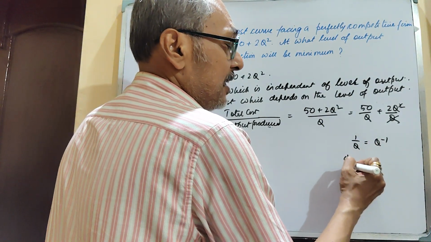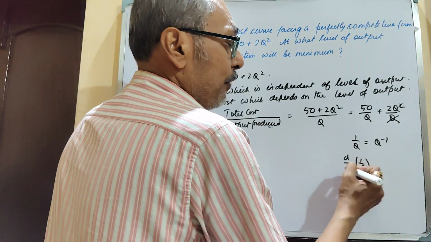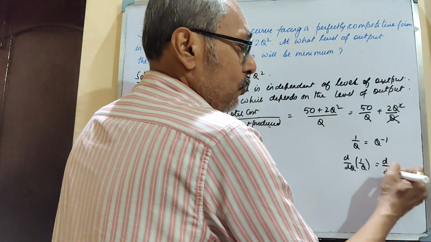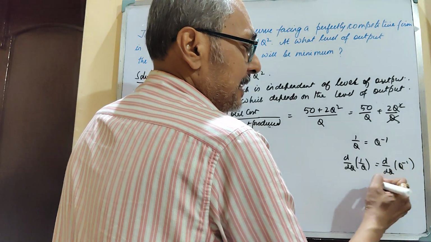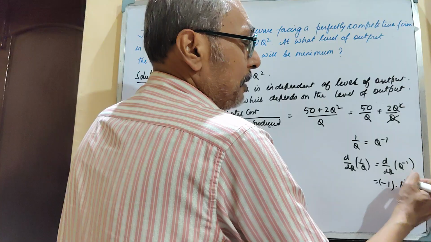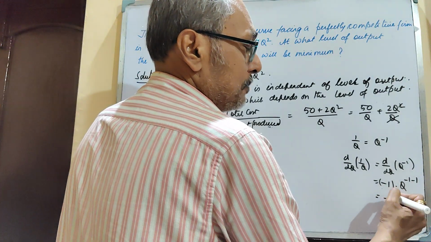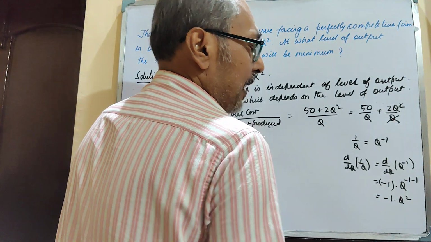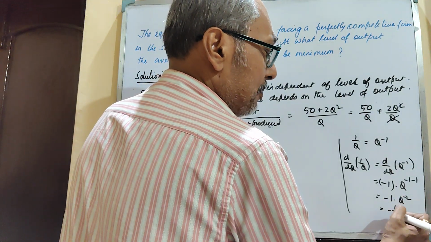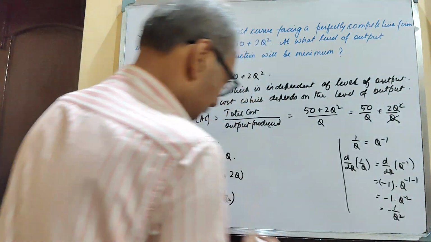If we differentiate 1 by Q with respect to Q, that means d by dQ of Q to the power minus 1, this minus 1 comes here and then Q to the power minus 2, that is minus 1 by Q squared.